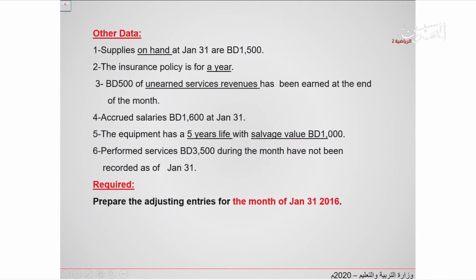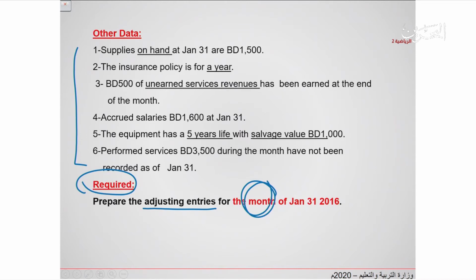The other data are the transactions. There are 6 transactions. It is very important to read the requirement. Prepare the adjusting entries for the month, no need for the whole year, for 1 month on January 31, 2016.